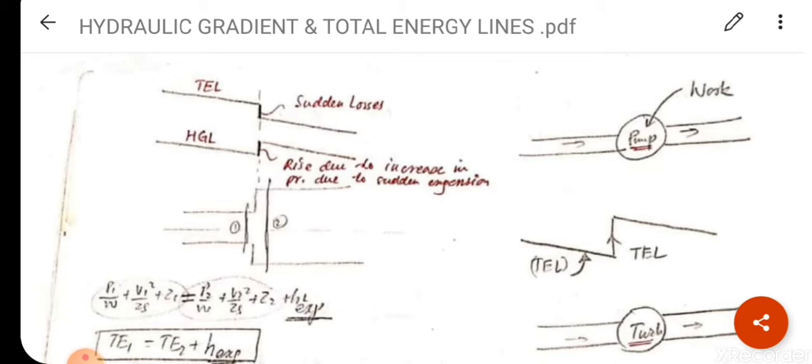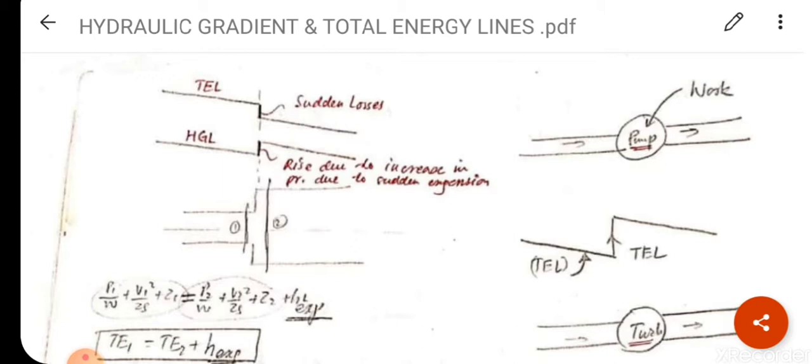For example, total energy line is moving in rightward direction when the pipe diameter is smaller. When suddenly pipe diameter is increasing, so there will be a loss. Which type of loss? This is sudden loss of kinetic head because diameter of pipe is increasing.